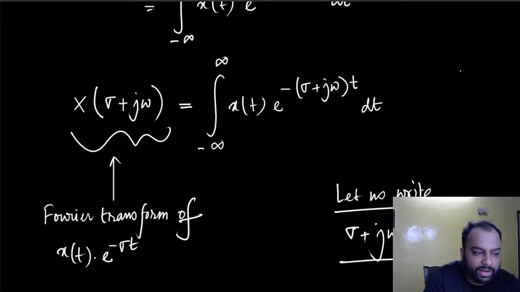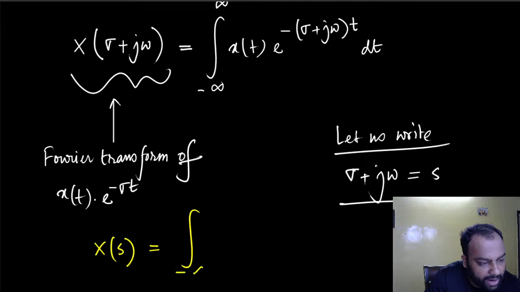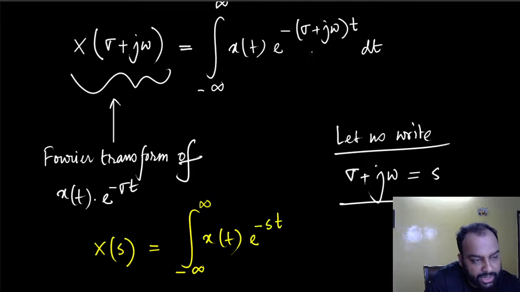If I write it here, we would have X(s) equal to the integral from minus infinity to plus infinity of x(t) e to the power minus st dt, where s is sigma plus j omega.